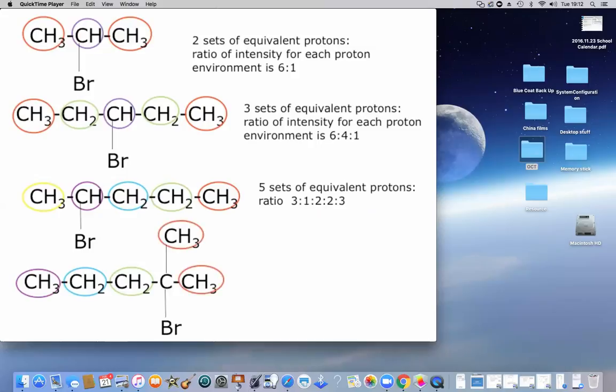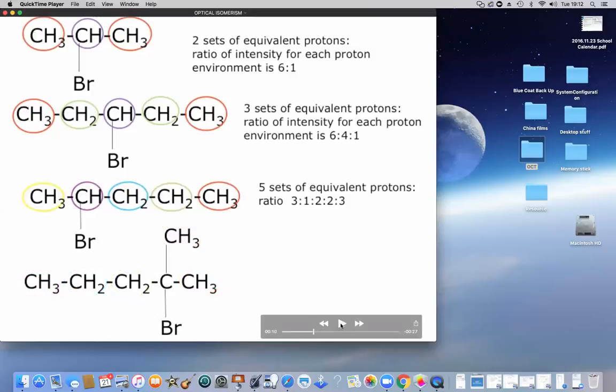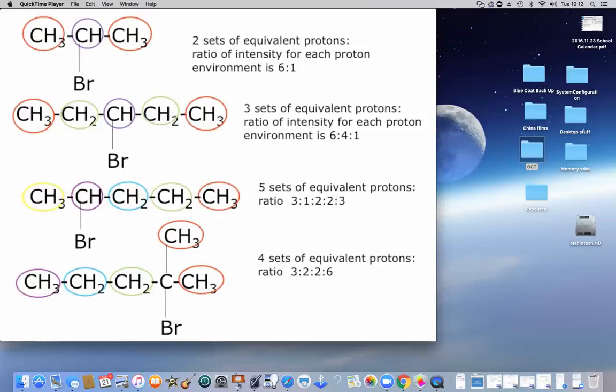The 2 methyl groups at the end, they are equivalent to each other. You've got 3 protons bonded to carbon, which is bonded to CBr. So that makes those equivalent to each other. So in this case, 4 sets of equivalent protons in the ratio 3:2 to 2:6.